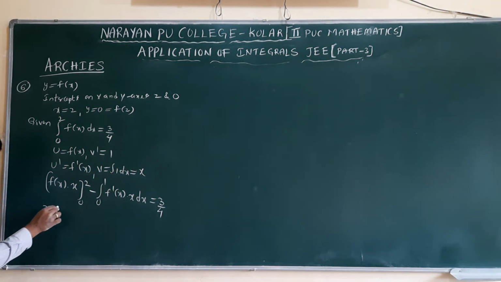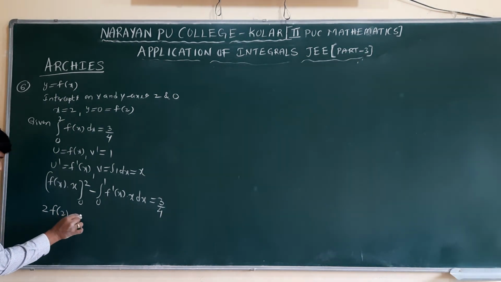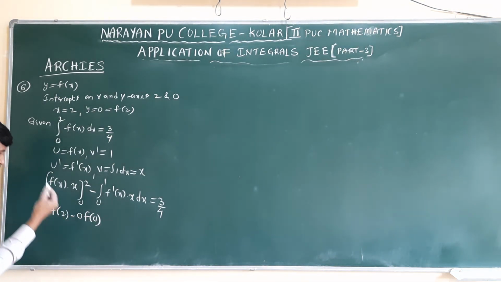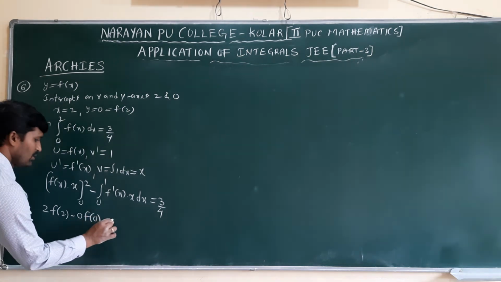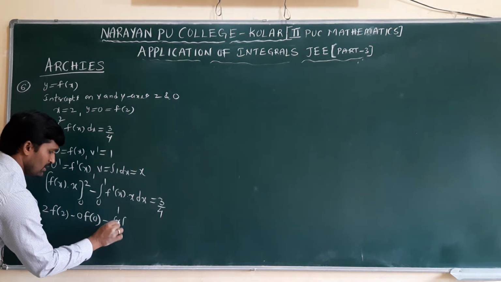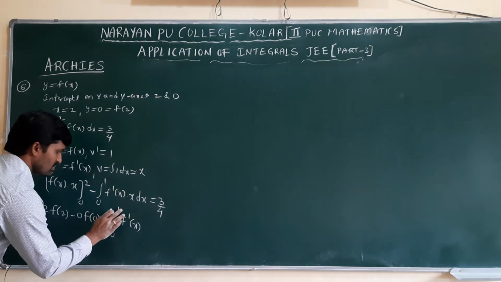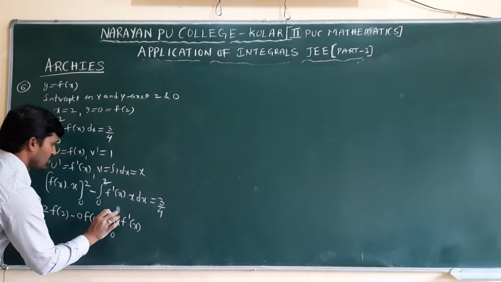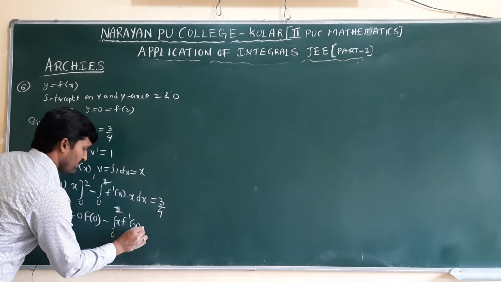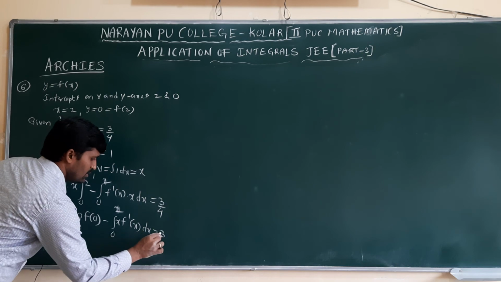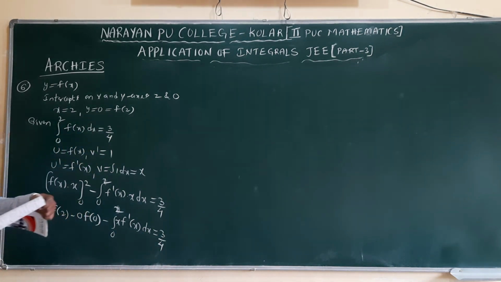Substitute the upper limit: 2 into f of 2 minus 0 into f of 0, minus integral 0 to 2 of x into f dash of x dx, equal to 3 by 4.